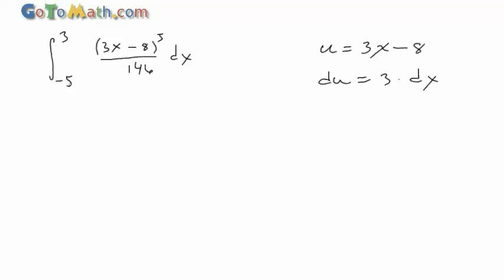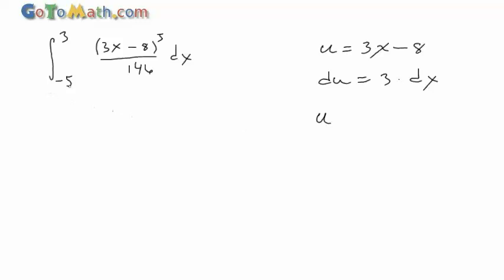Now, we got some limits up here that we need to deal with. And there's a couple ways of doing this problem. You can take the integral with the U substitution, and then go back and plug in these guys when everything's in terms of x again. Or you can do it this way, and this is the way I highly suggest.